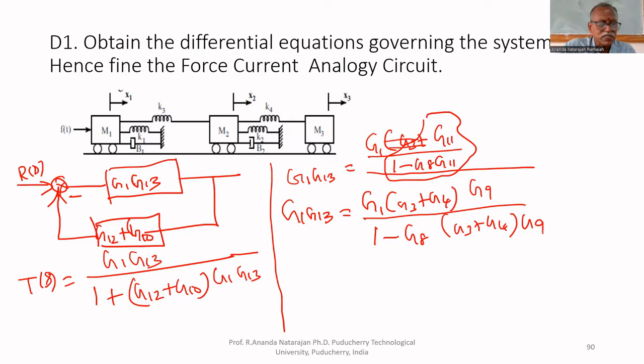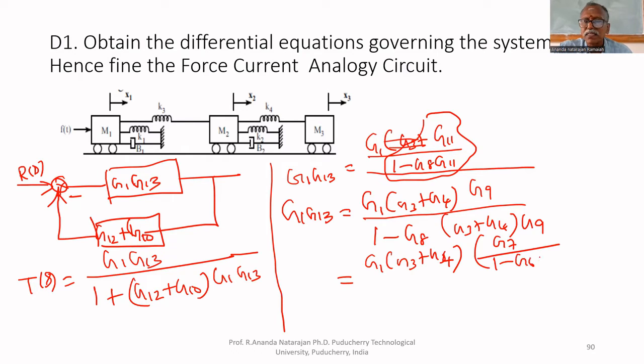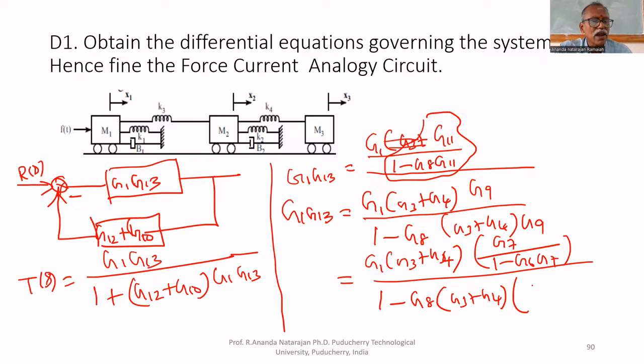Now we have to substitute G9. G9 is G7 upon 1 minus G6 G7. So we got G1 G13 like this.